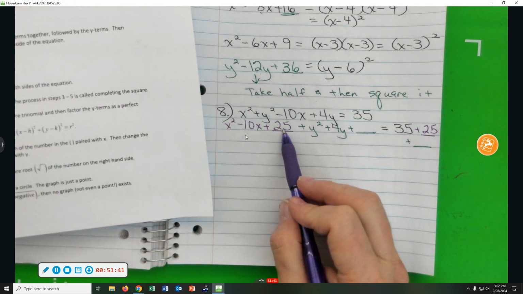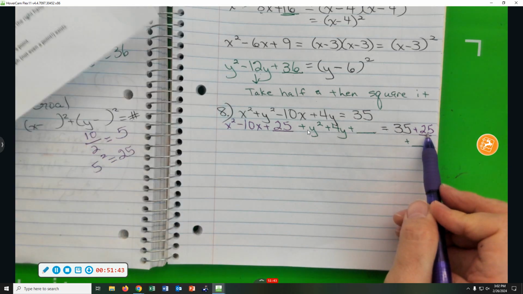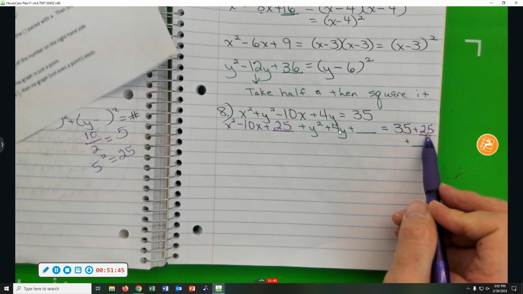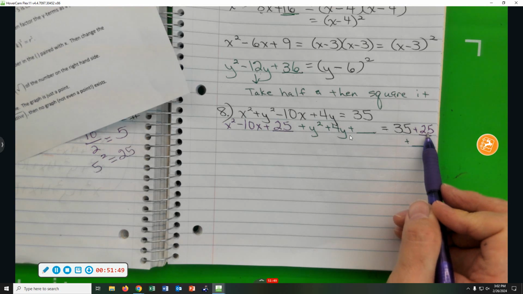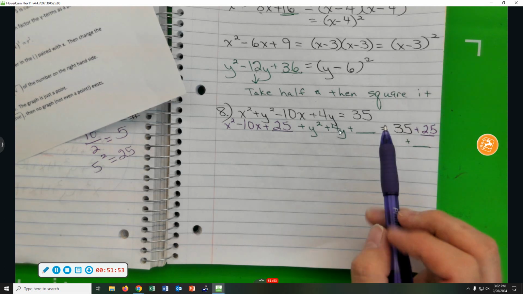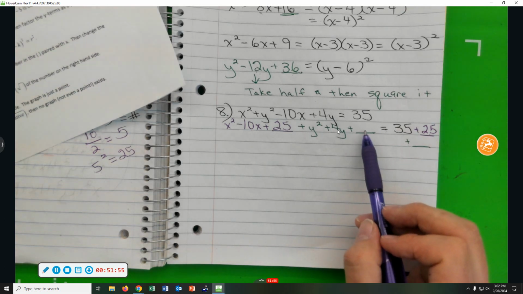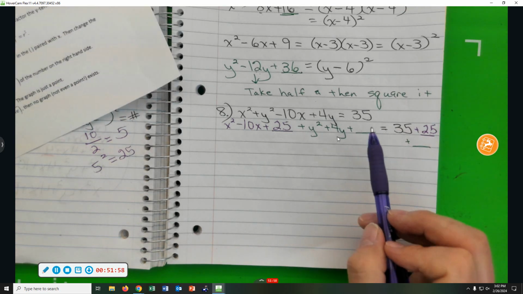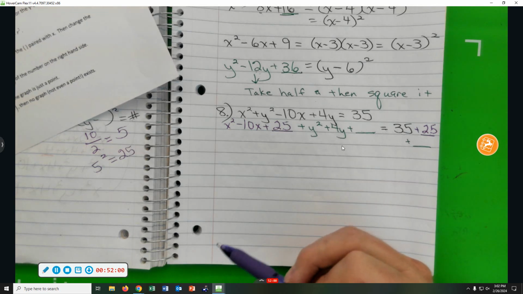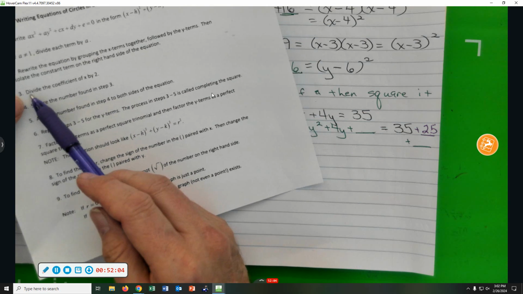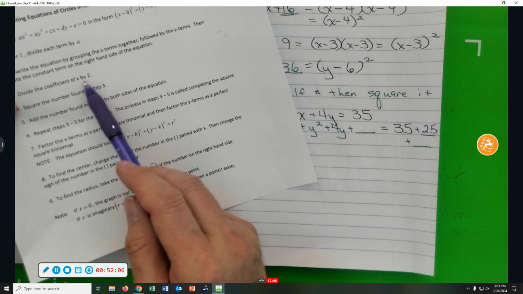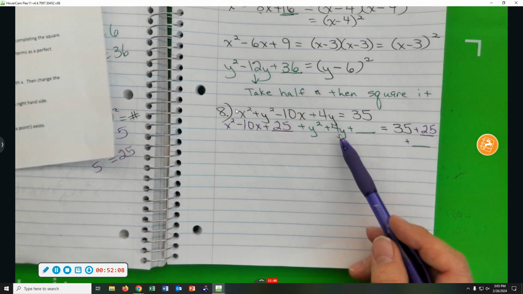So we put it there, we put it there. Step number 6: repeat steps 3 through 5 for the y terms. This process is called completing the square. Finding that number, that perfect square, so we have a perfect square trinomial. So we're repeating step number 3 for the y's. Divide the coefficient of y by 2.